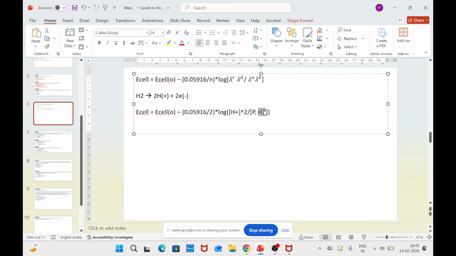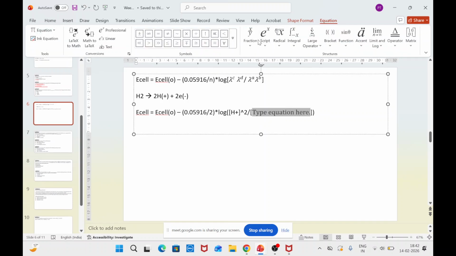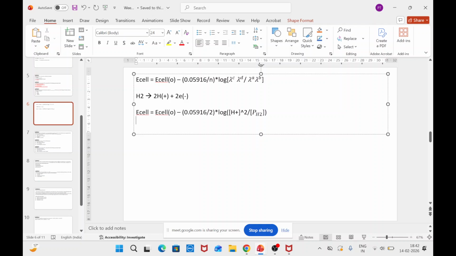Just let me write it this way so that it is clearer. Is this fine? And you can take this pH2, the partial pressure of H2, as 1 atmosphere.